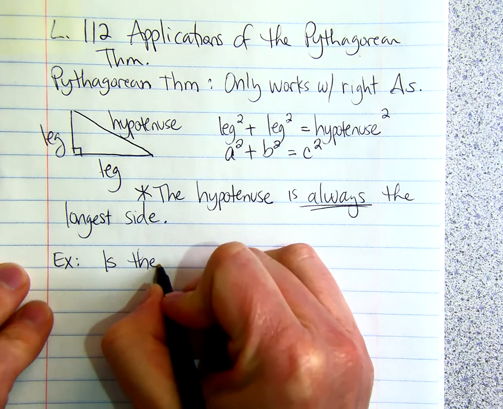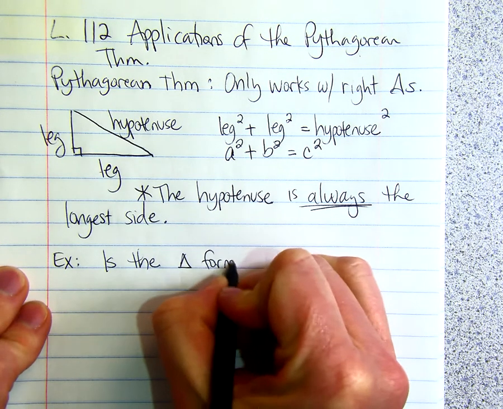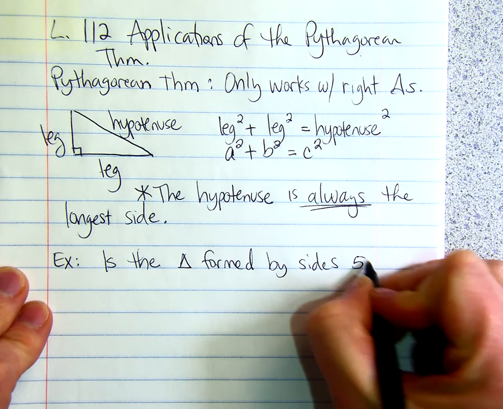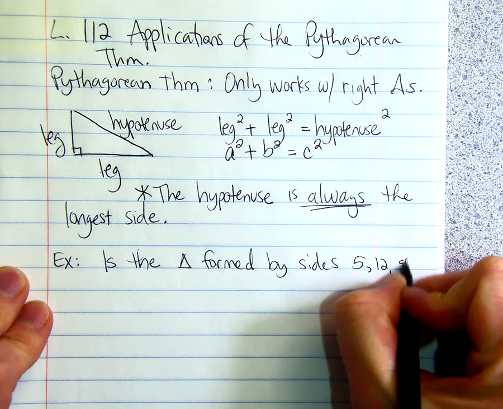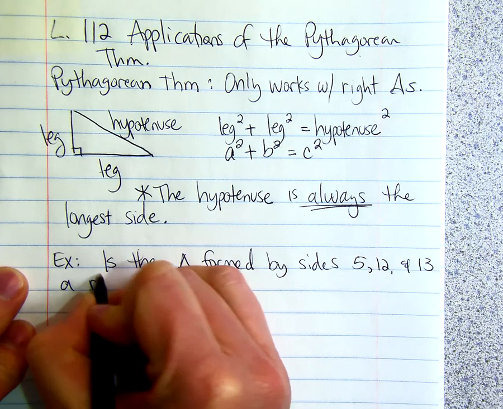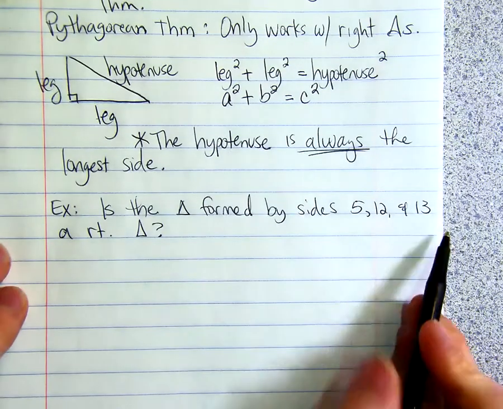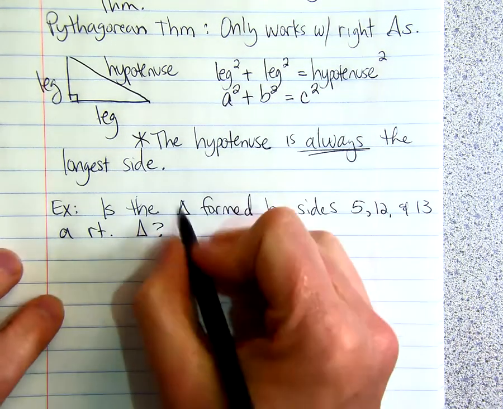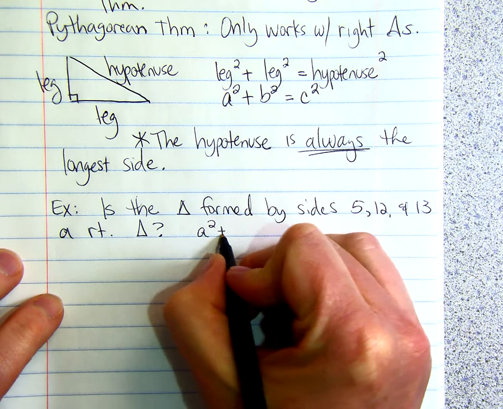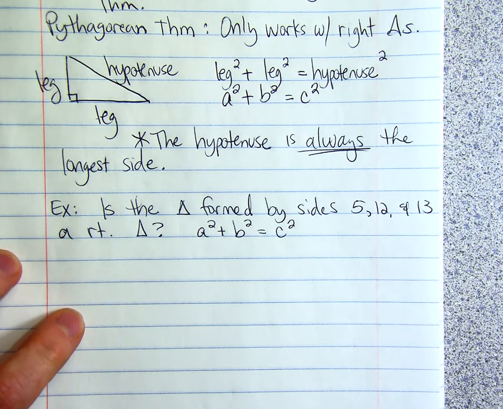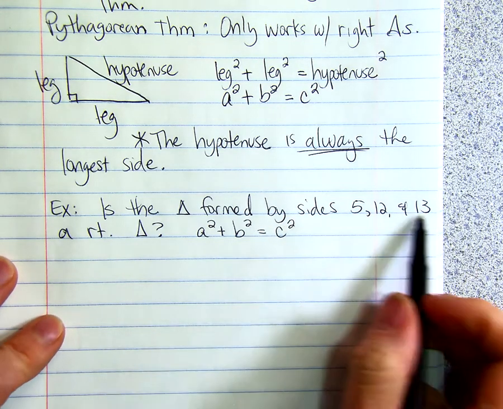So here's an example. Is the triangle formed by sides 5, 12, and 13 a right triangle? So the longest side, 13, would be the hypotenuse. So we use the formula, the Pythagorean theorem, a squared plus b squared equals c squared, and our c will be 13.